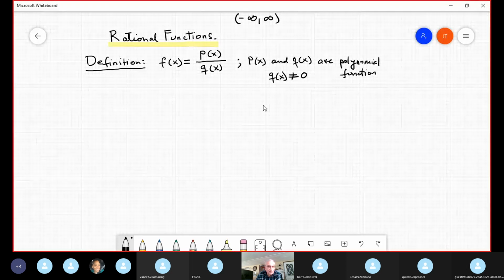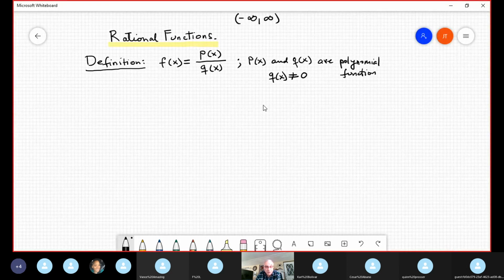Okay, I bring a picture to illustrate one thing. For example, you have rational functions. We are talking about rational functions. I present 1, 2, 3, 4 examples. Now I present them in factored form.